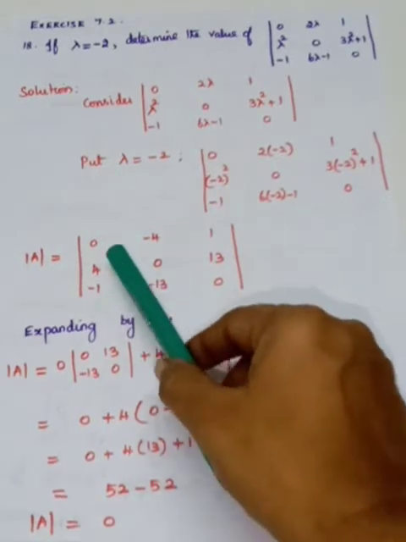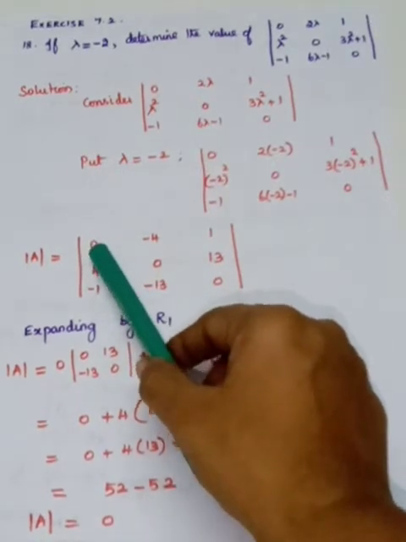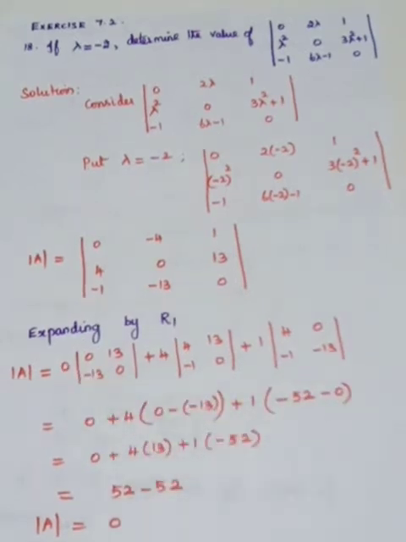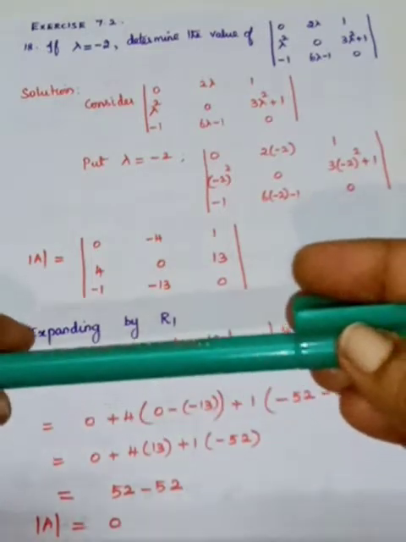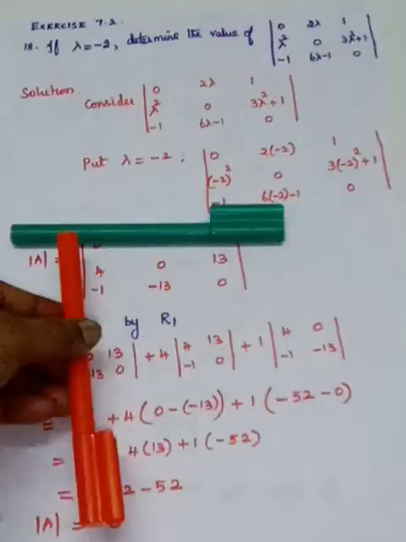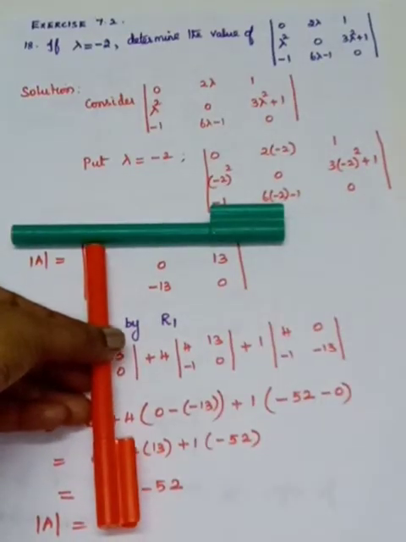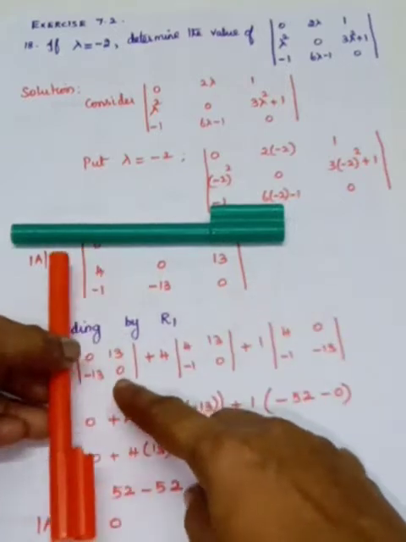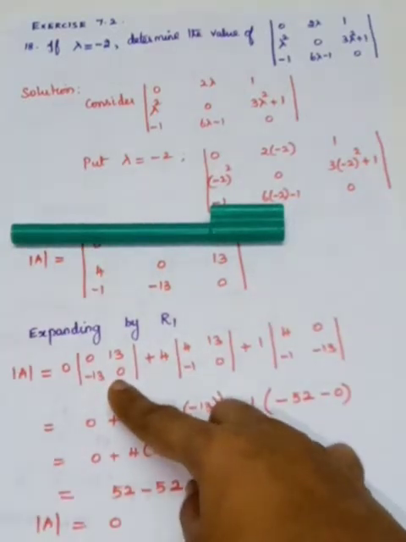So first you have to write the first element, 0. What you have to do? You have to find the cofactor. For that you delete the first row and first column. What is remaining? You will have 4 entries that have to be written as a determinant, because cofactor is a signed minor.